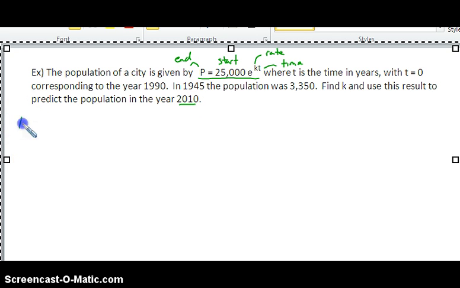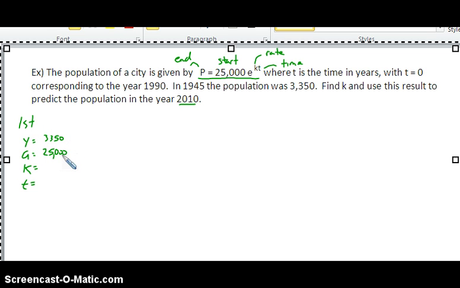So again, let's think about what we're given here. We're using K as our growth rate this time, and T as our time. So we are first given the fact that we start off with the 25,000. Again, I'm pulling that out of the formula here. And my ending population is going to be 3,350.